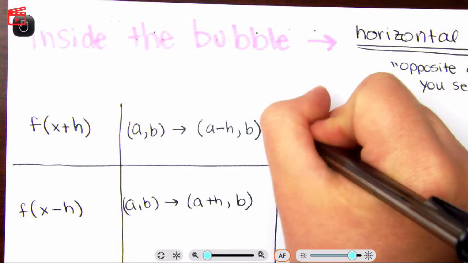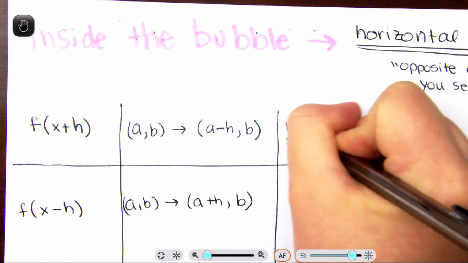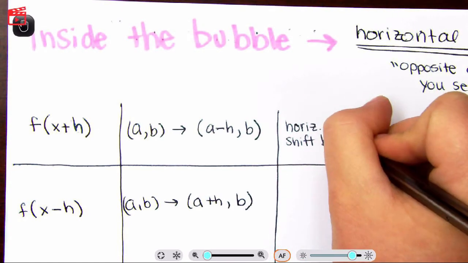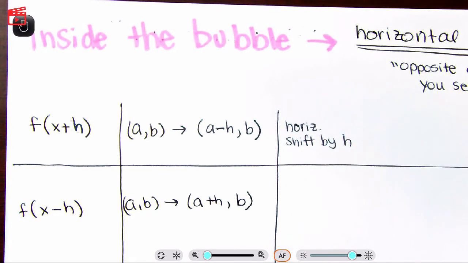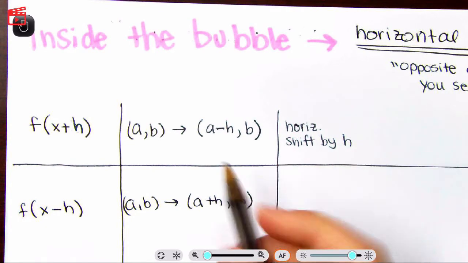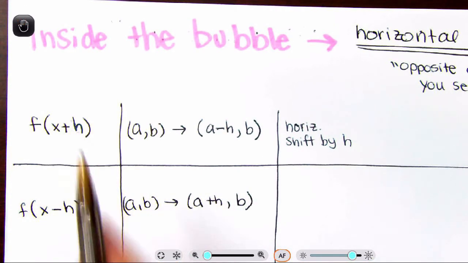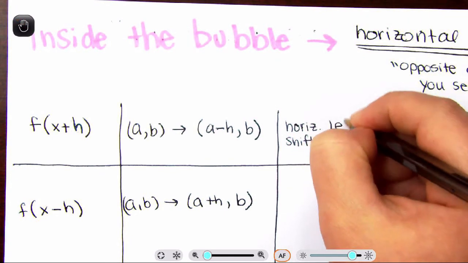So what happens? This is a horizontal shift by h. But what direction? We know it's horizontally shifting because it's the opposite. So do you see how we have a plus? We're not going towards the positive. We're actually going towards the negative, and that is left.